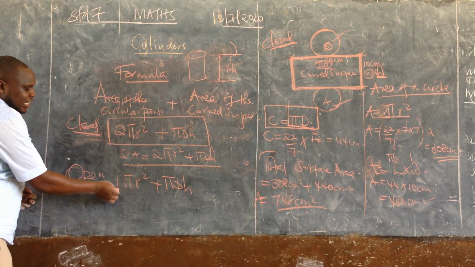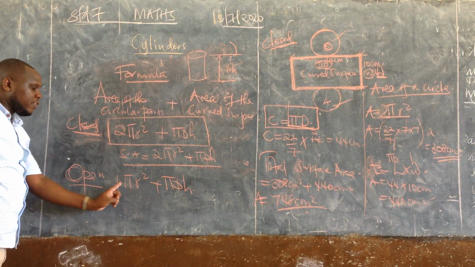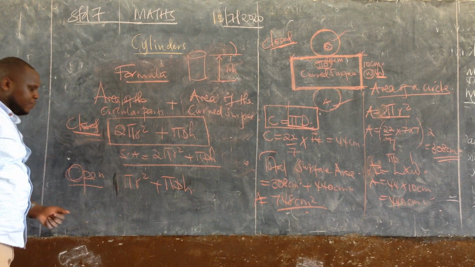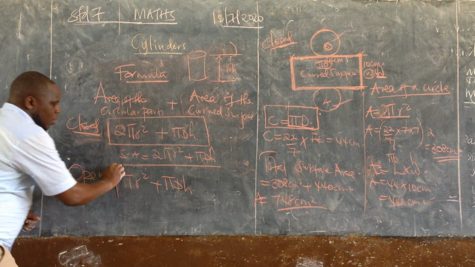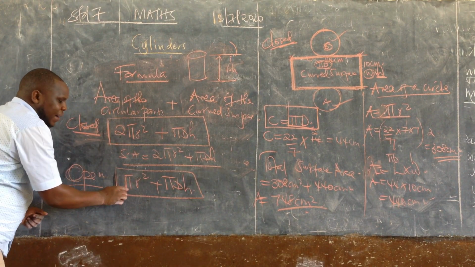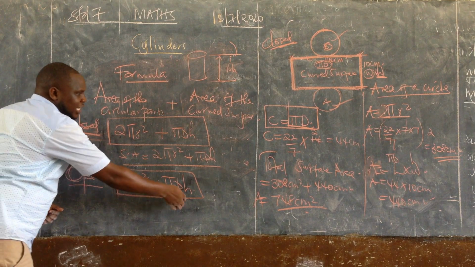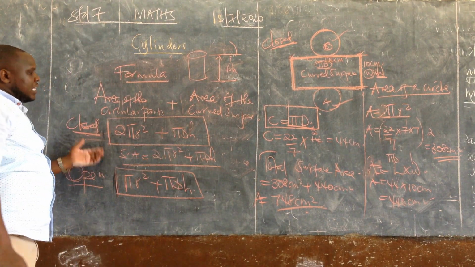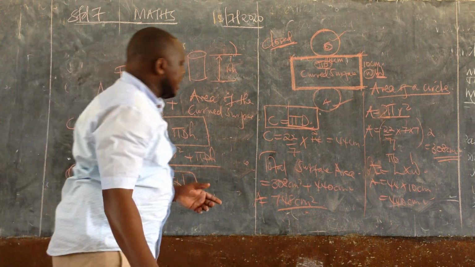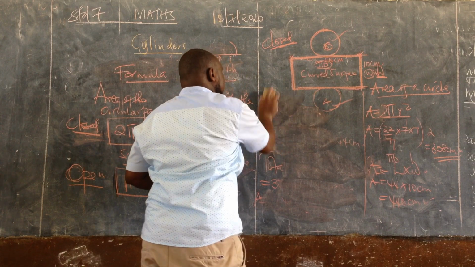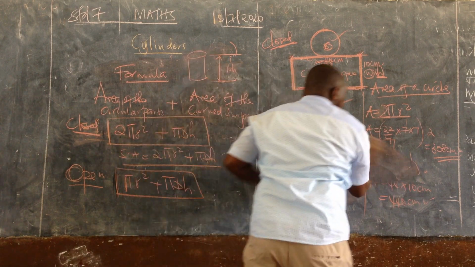But later we don't need to write this 1. If the coefficient of a number is 1, we leave out the 1. We don't write the 1 there. And so simply, we are going to get the surface area of an open cylinder by getting pi r squared plus pi d h. So these are the two formulas that we are going to work with in any question that we are given of a cylinder regarding surface area.